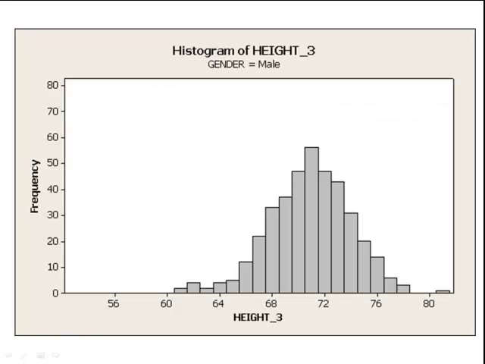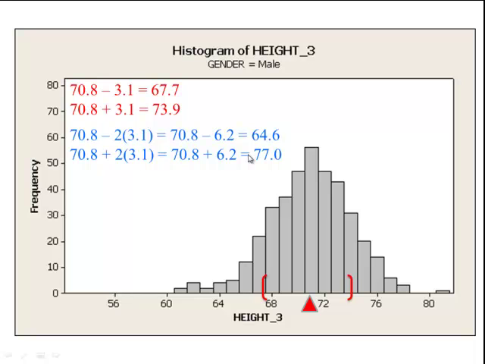Let's look at a visual. So here we have our histogram. Our mean was 70.8, and if we go 1 standard deviation below and 1 above, this will contain 68% of the data. Between 67.7 and 73.9, 68% of the heights are going to be between these two values. If we go 2 standard deviations above and below, that takes us to 64.6 and 77.